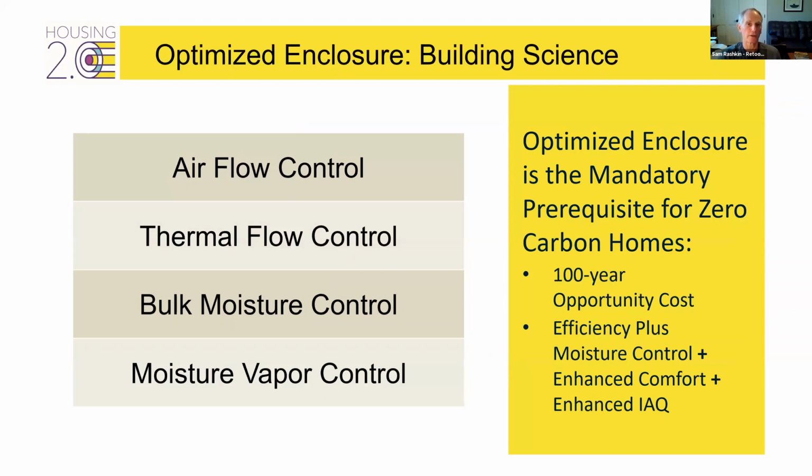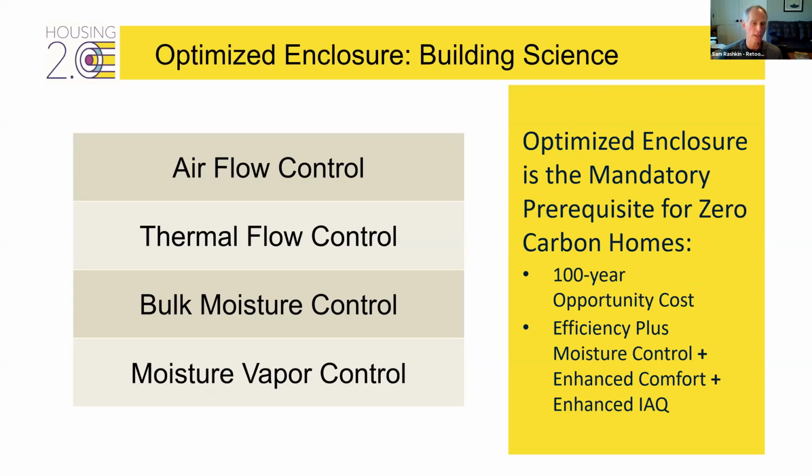So when it comes to optimizing the enclosure, building science tells us we need the 4 control layers: air, thermal, bulk moisture, and moisture vapor. And this is mandatory and with no exception again, because this is like a 100-year opportunity cost. If we don't get all these control layers integrated and optimized, we can't go back and change. We're locked in with the enclosure assemblies.